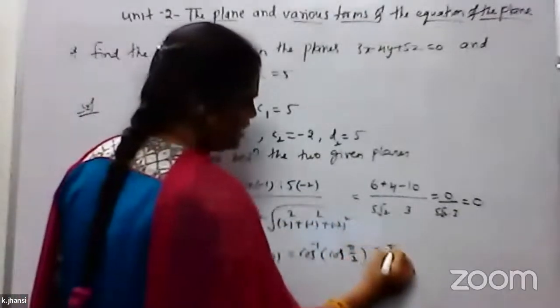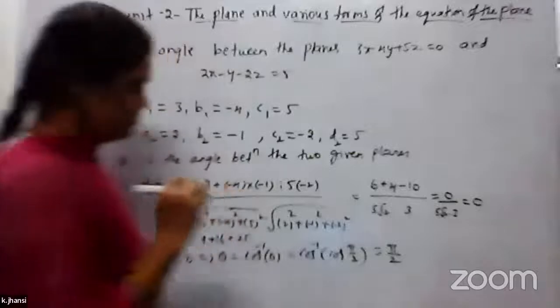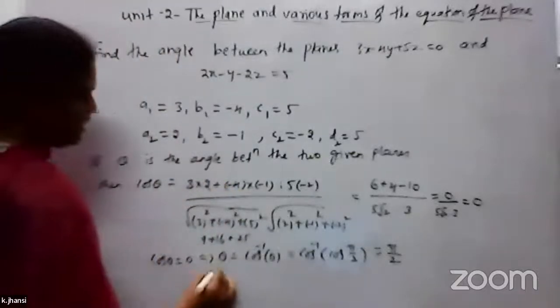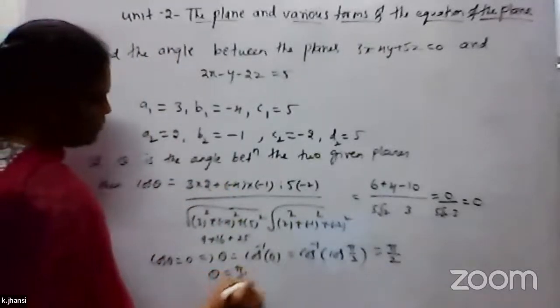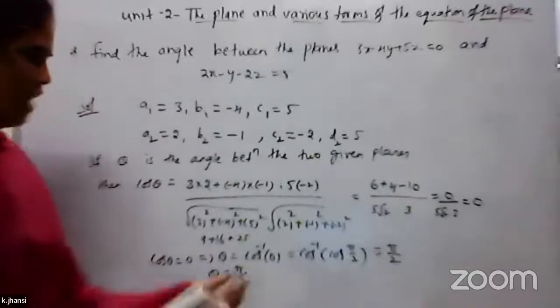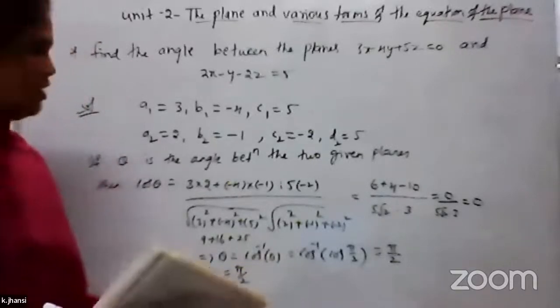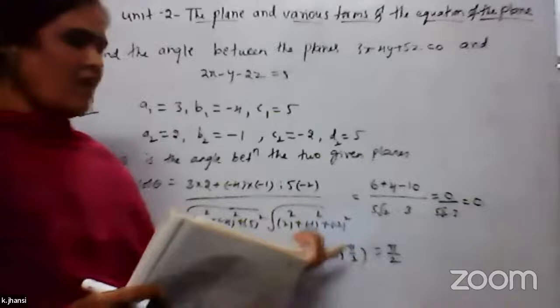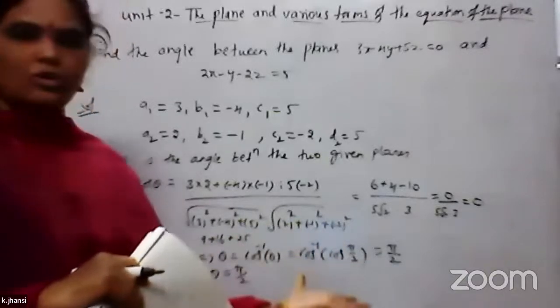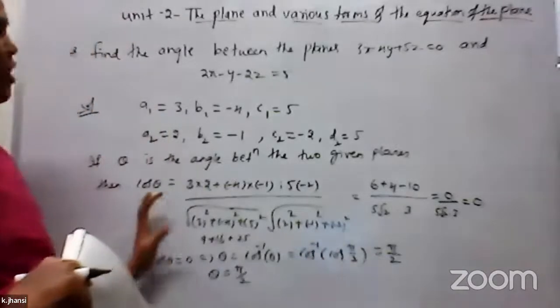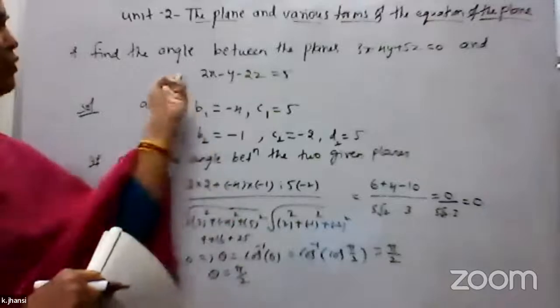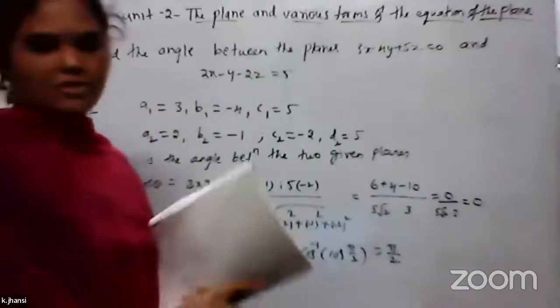So here the angle is pi by 2, so the theta value is pi by 2. For cases where you have standard angles, you will get the theta value, but when you can't find the angle, directly you keep it like that only. Like this, you have to solve when two planes are given to find the angle between the planes.